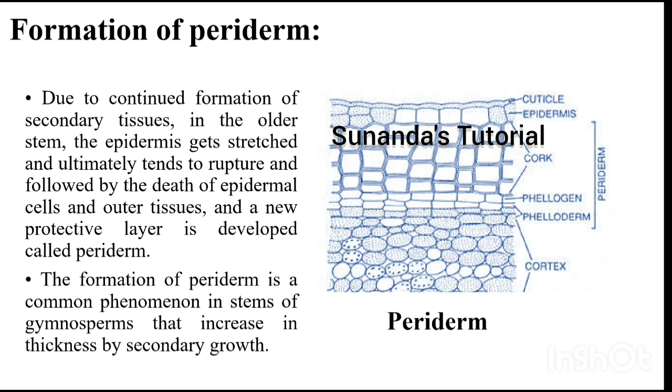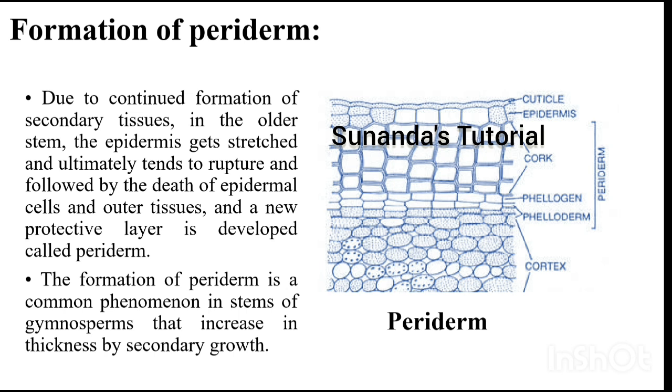Next, what is periderm? Due to continued formation of secondary tissue in older stem, the epidermis, which is mainly a primary structure, gets stretched because during secondary growth the girth of the plant increases. So the epidermis gets stretched and ultimately tends to rupture, followed by death of epidermal cells and the outer tissues, and a new protective layer is developed called periderm.